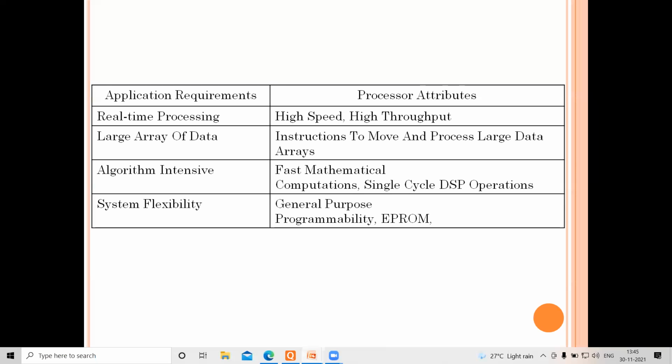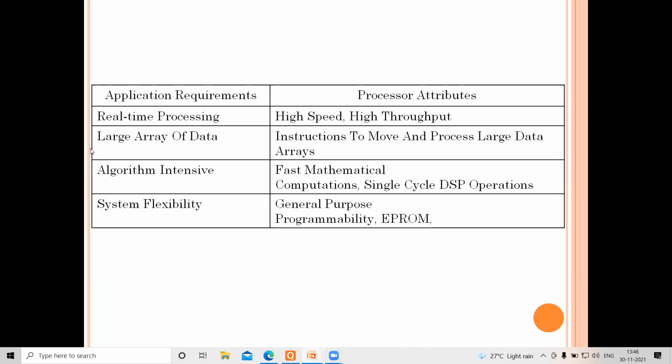The reason is we are going for multimedia applications and the requirements have gone up. If you're doing real-time processing, for example ECG signal analysis, EEG signal analysis, ultrasound, where you have a lot of scans with the doctor, all these have to be analyzed in real time. Therefore, from the processor end, you should ensure that you have high speed and high throughput.